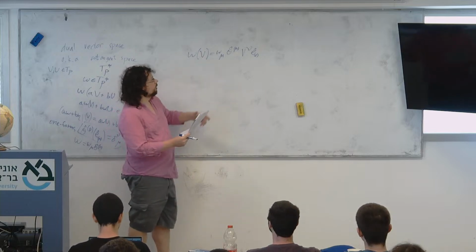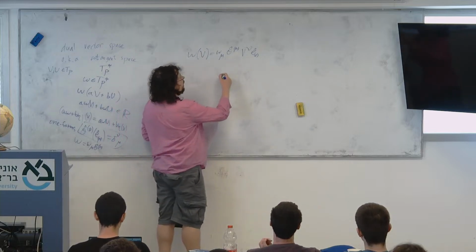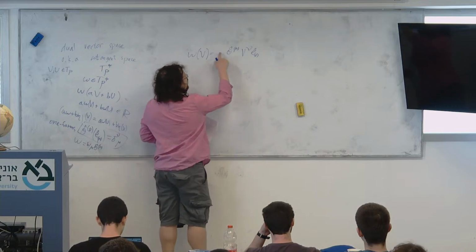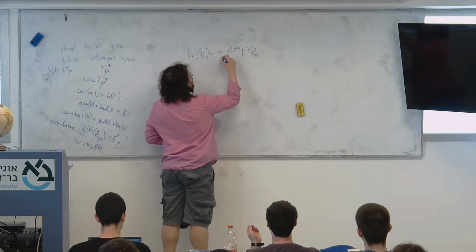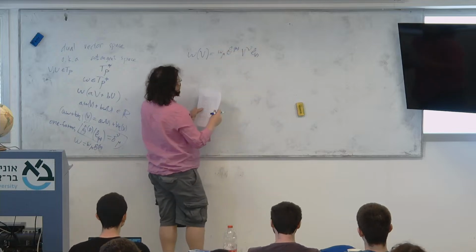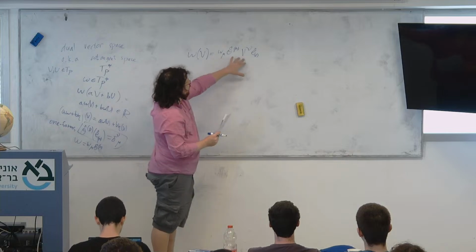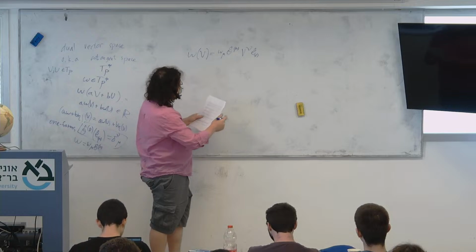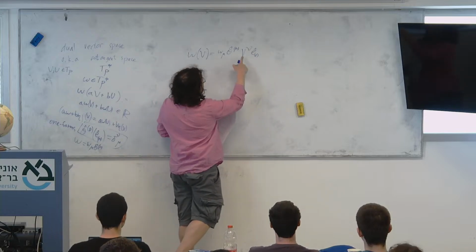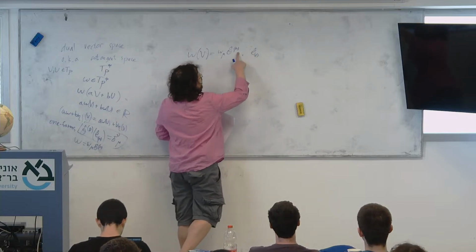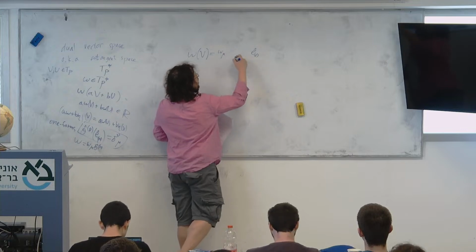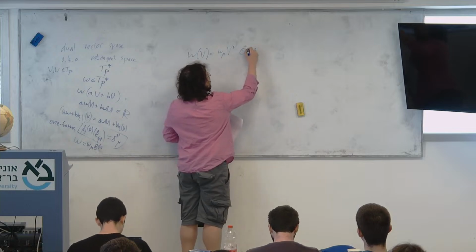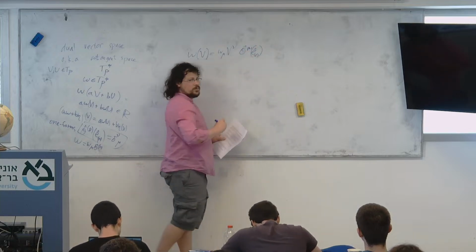I just expanded them. Formally, we can put brackets, and this will operate on this, but I don't really care because it's just multiplication. These are coordinates, and if you really want to put it properly, we put the V mu here and the theta mu here, so it operates on E.